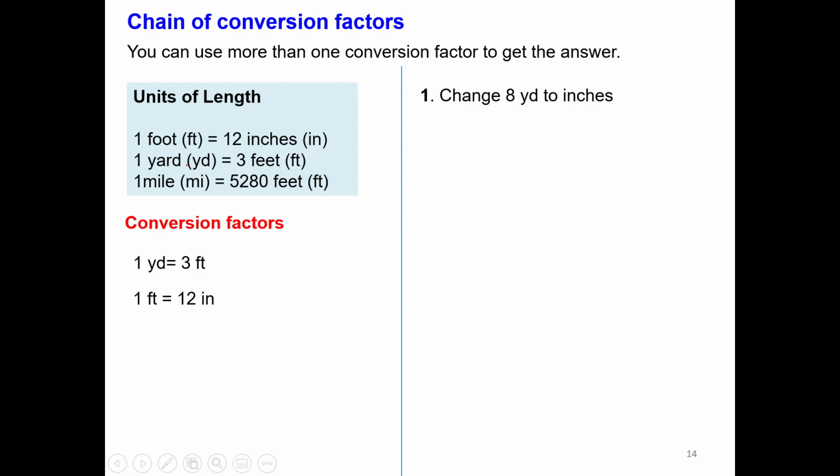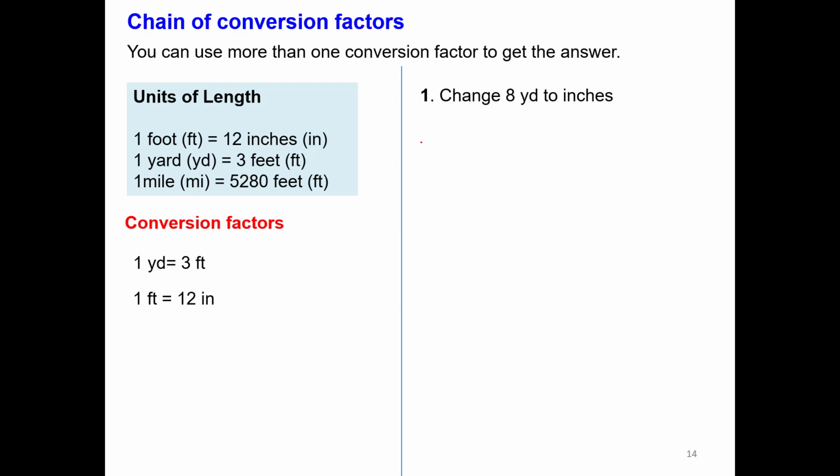What we can do is convert first jars into feet using this conversion factor, and then convert the feet into inches using the second conversion factor. How we write the conversion factors depends on which unit we need to cancel out.